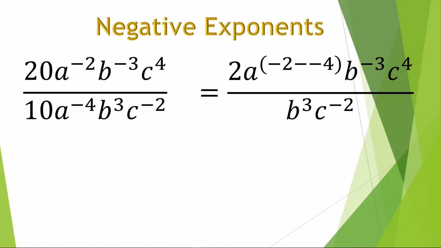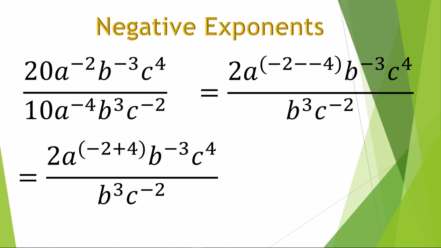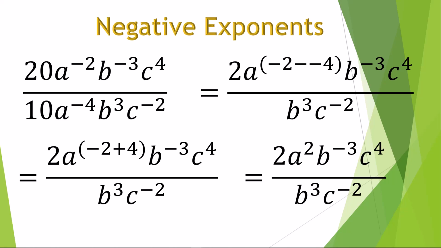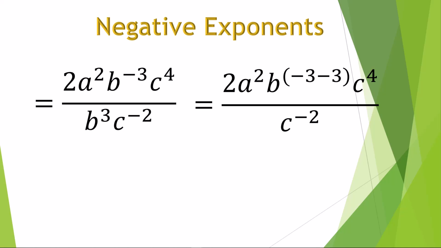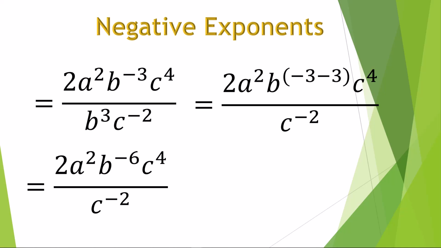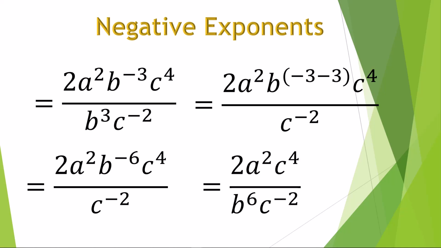We also apply the quotient rule with the a powers, subtracting the exponents negative 2 and negative 4, which results in negative 2 plus 4, a final exponent for the a power of 2. Now we resolve the b power, again applying the quotient rule by subtracting the exponents negative 3 minus 3, resulting in negative 6 as the exponent for the b power, moving it down to the denominator with the positive exponent of 6.